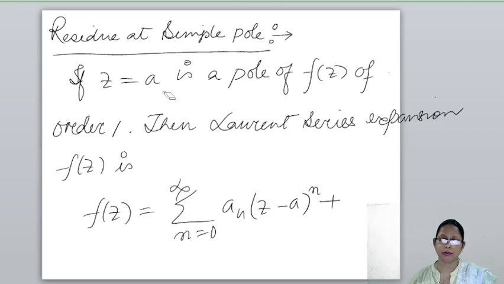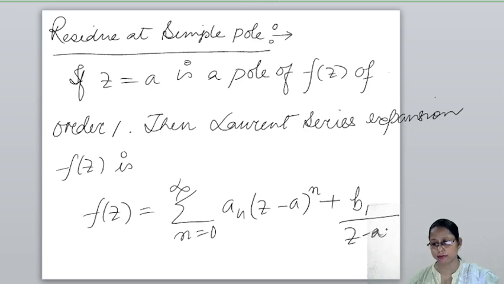Here z equal to a is a pole of order 1, so the principal part will contain only a single term, that is b1 by (z minus a).